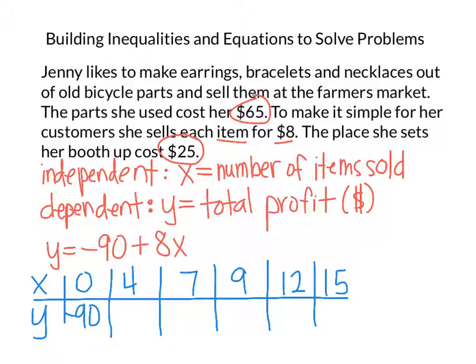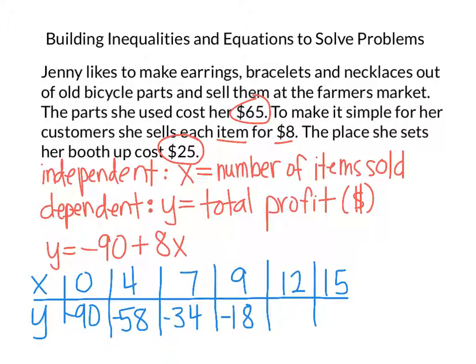So really then we're just going to plug in each one of these to our x value. 8 times 4 is 32, and then add that to a negative 90. So negative 58, and then 8 times 7 is 56. So negative 90 plus 56 is negative 34, so she's slowly climbing out of the hole here. 9 times 8 is 72, so negative 90 plus 72 is negative 18.